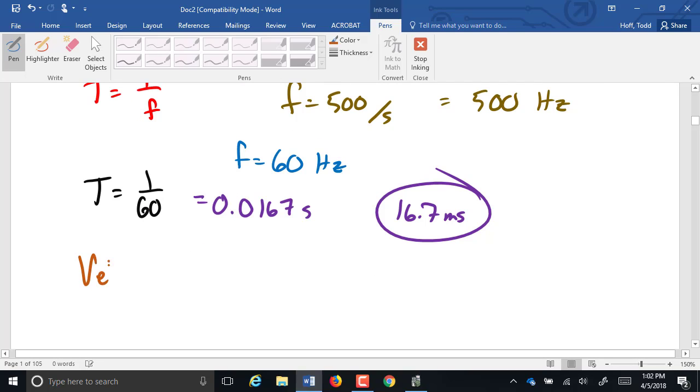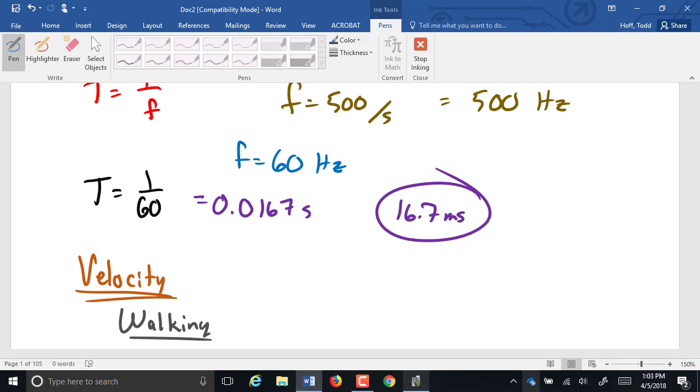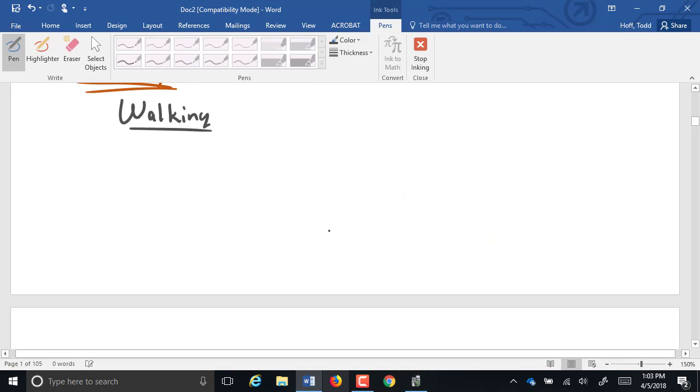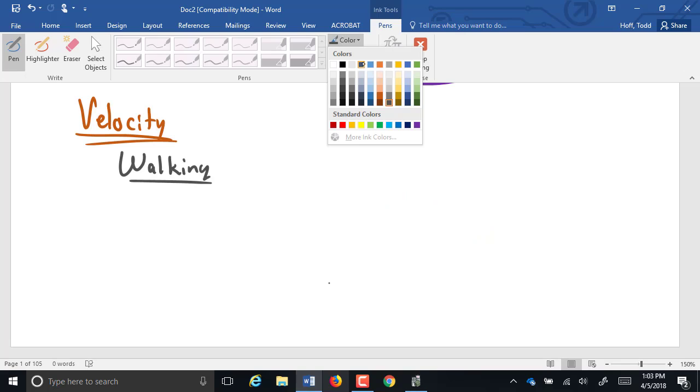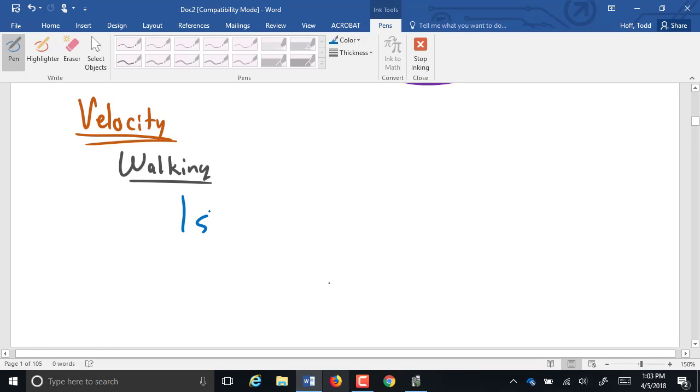Velocity. Let's say you're walking. And every step you take equals 3 feet.